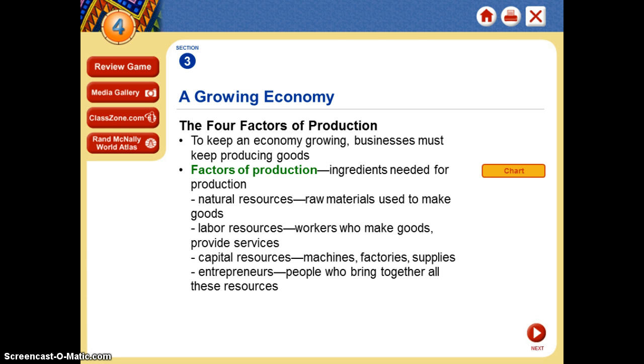And finally, last but probably the most important component is an entrepreneur. That is simply a word for someone with initiative that wants to start a business, or they have an idea and they invent something. It's people who bring together all the three resources listed above and produce something.